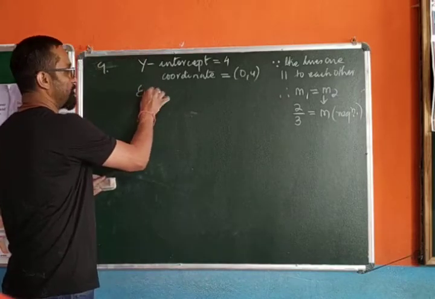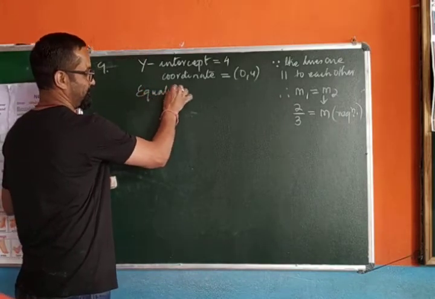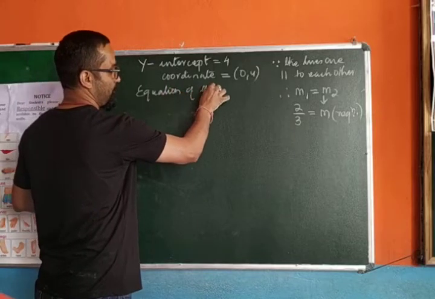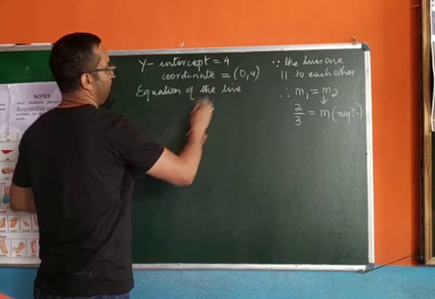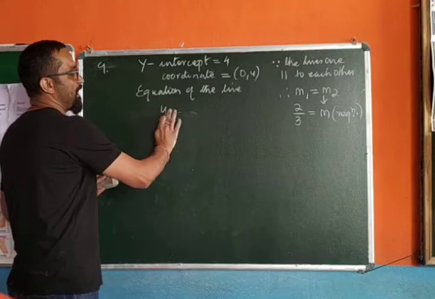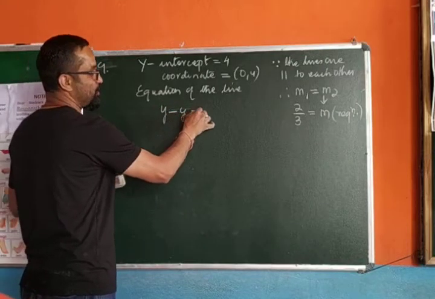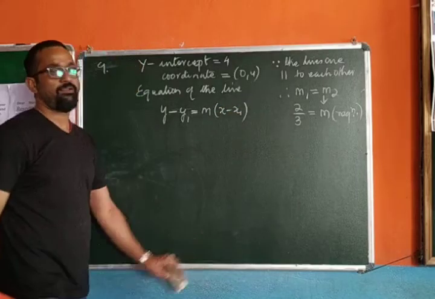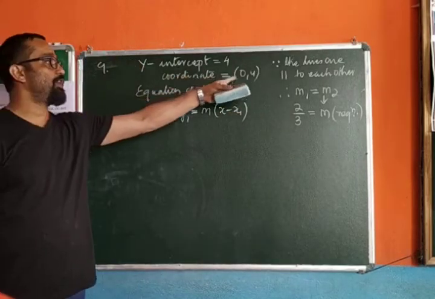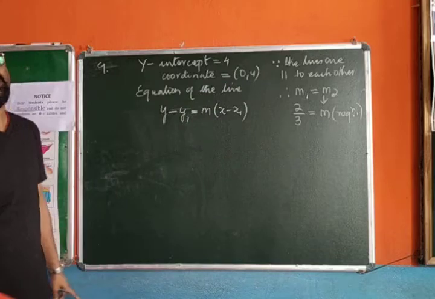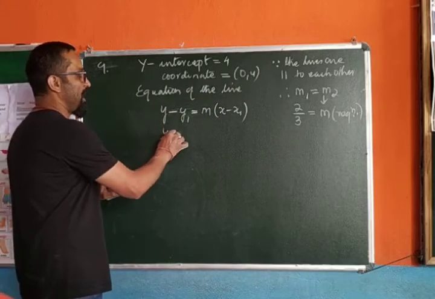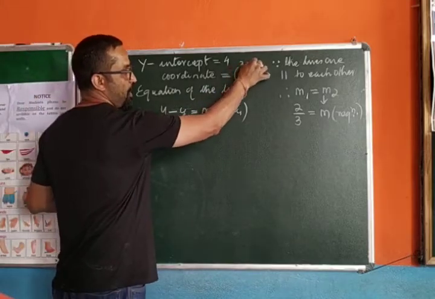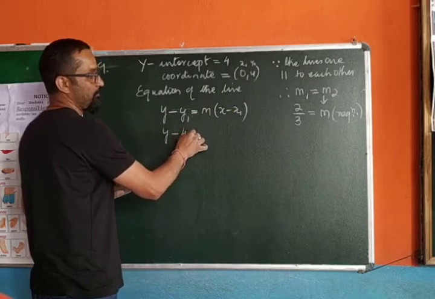Equation of the line: y minus y1 is equal to m bracket x minus x1. That is the reason why we need the coordinate of the intercept. y minus y1, which is 4.